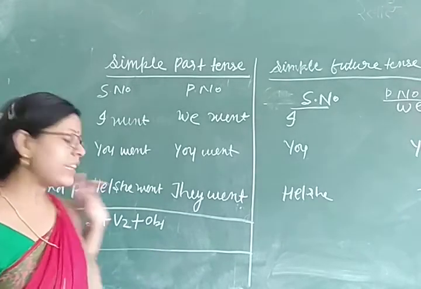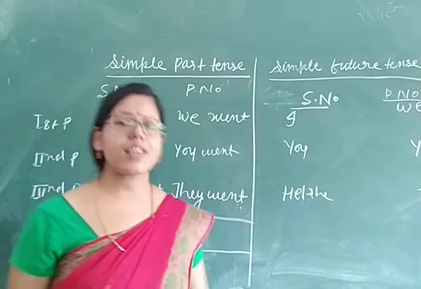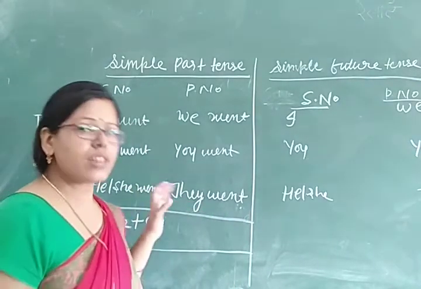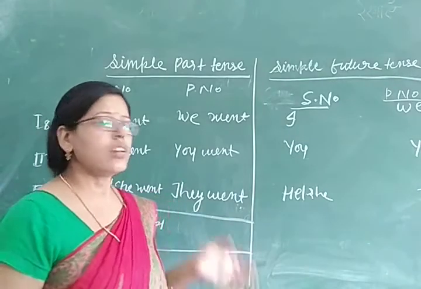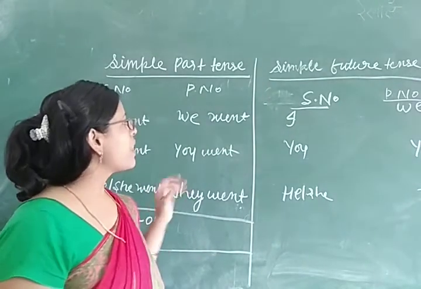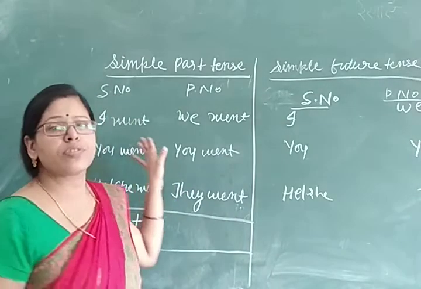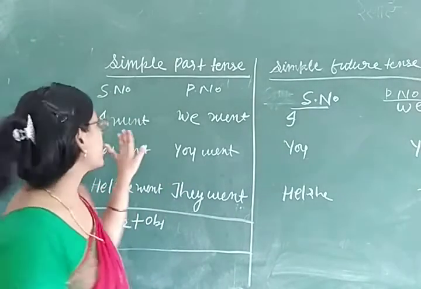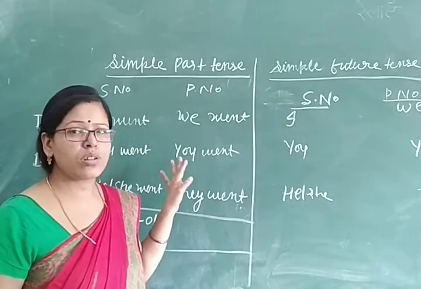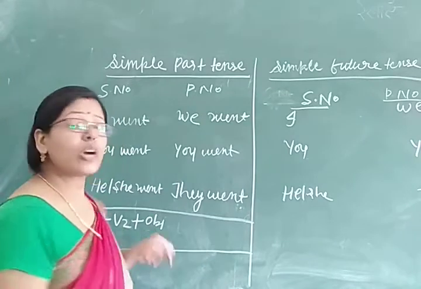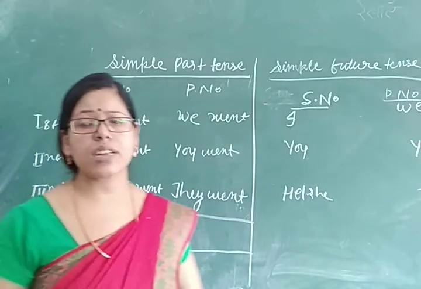So in structure it is very essential to write the object. But if you are being asked to give the example of simple past tense, then you can give this example also. But if you are writing structure, then without writing the object, it is incomplete.